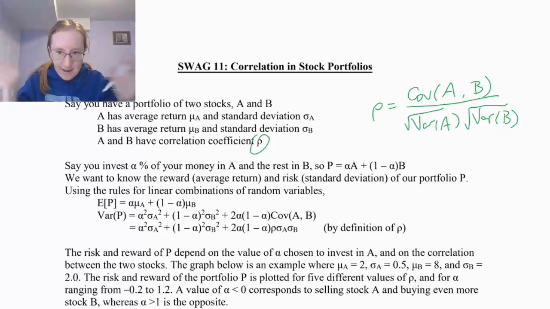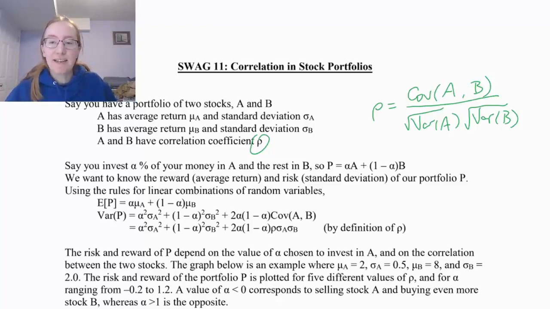Say we have these 2 stocks set up, and we're going to invest a certain percentage of your money in one of them and the rest in the other. We'll call that amount alpha. So we'll have alpha of your money in stock A, and the rest, 1 minus alpha, in stock B. We're interested in the average return and risk of the entire portfolio.